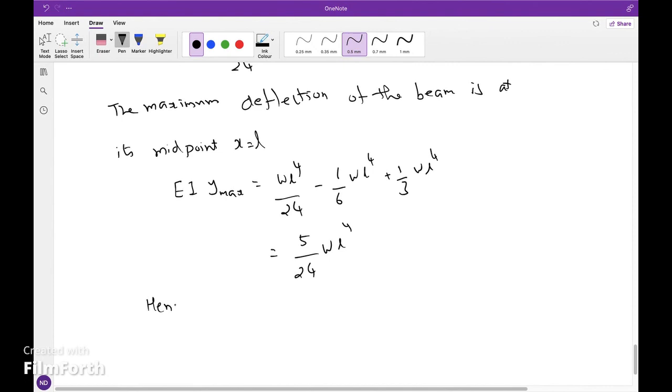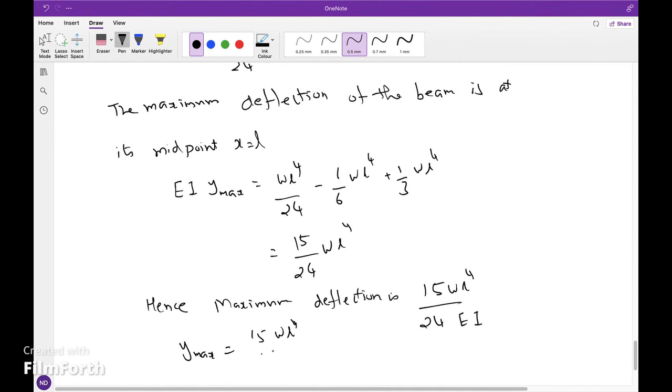Hence, the maximum deflection is 5 omega L power 4 by 24 into EI. So Y max is equal to 5 omega L power 4 by 24 into E into I, Young's modulus into moment of inertia.